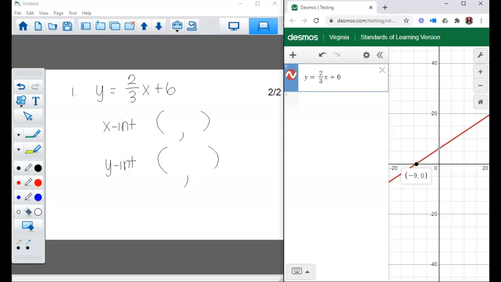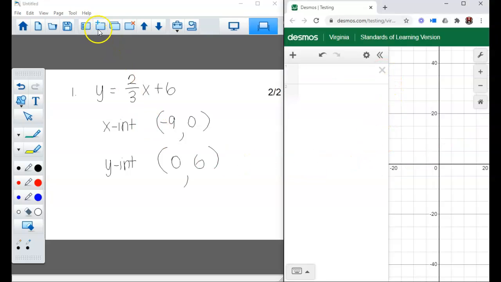Okay, and I notice that my x-intercept is -9, 0. So I'm crossing the x-axis at -9, and then right up here is my y-intercept on the y-axis, and that is 0, 6. And then I can use those 2 points to help me copy the line that I see on the calculator onto my paper.